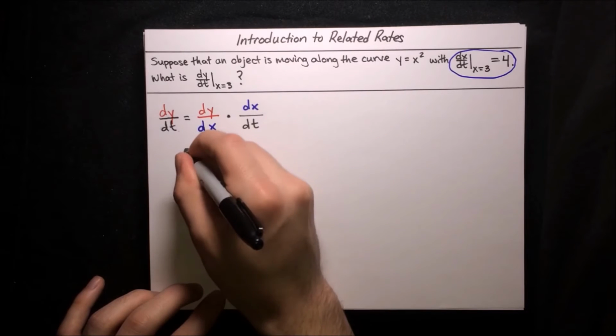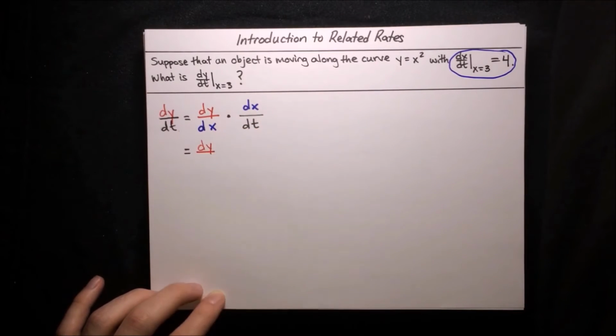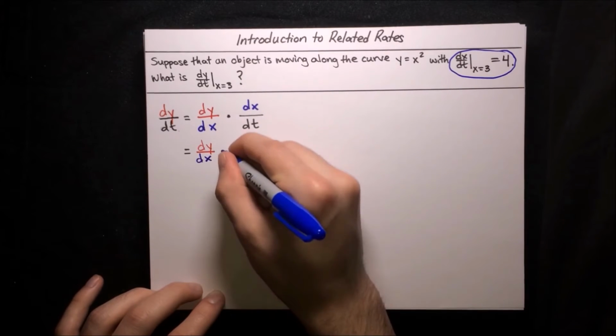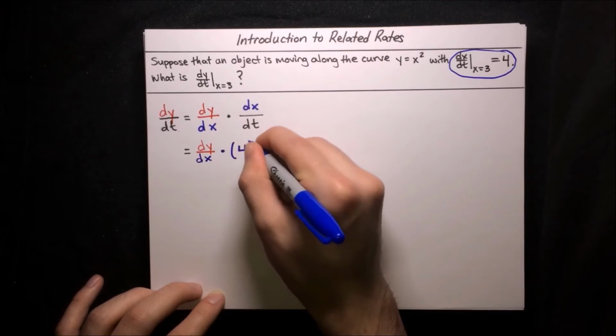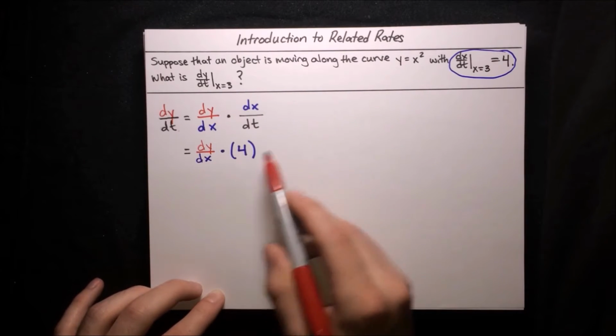So let's substitute what we know. We'll leave this as dy/dx for now, times dx/dt, which is 4. Now we want to find dy/dx, and we can do that using our curve.